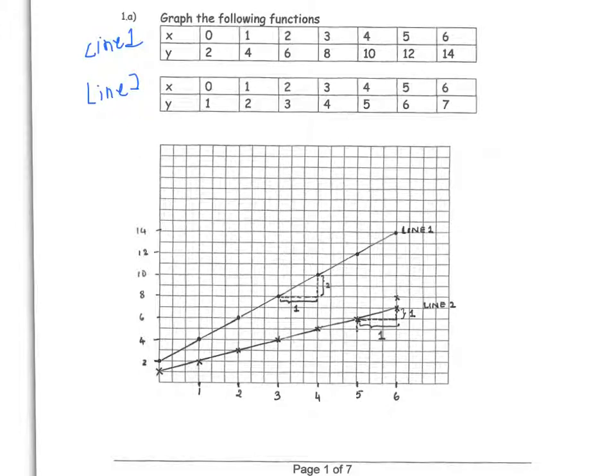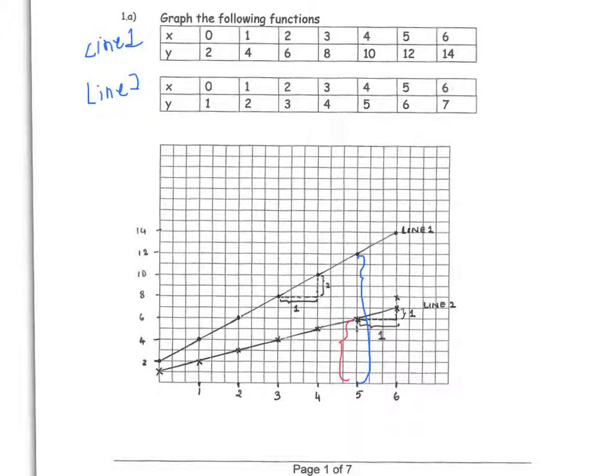The height of the points in line 1 increase much faster than the height of points in line 2. Just compare these two. So line 1 always sits above line 2. These are the observations that we make when we actually graph the functions.